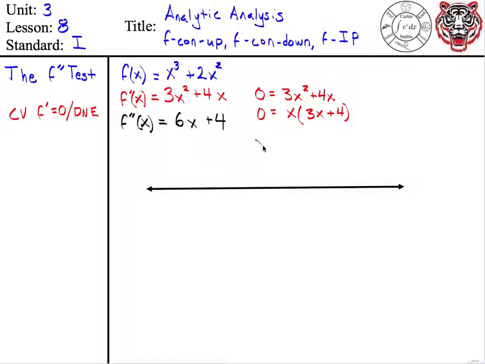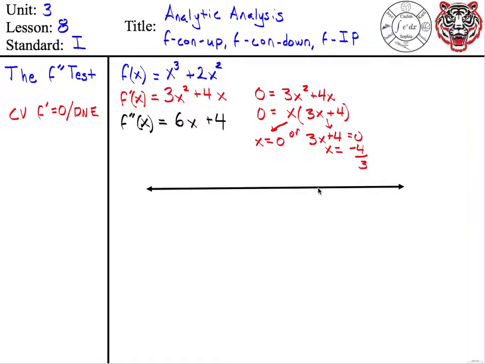So I can say x equals 0. That came down from our x. And then we have 3x plus 4 equals 0 from this guy. So this is really an or. This equals 0 or this equals 0 or both. So therefore, x is also equal to negative 4/3.